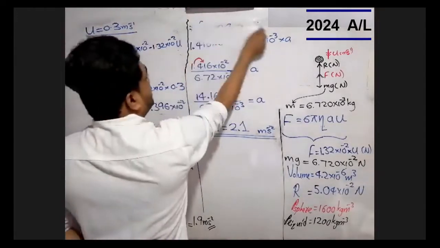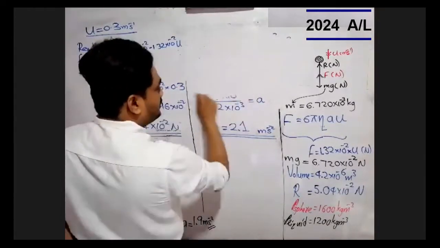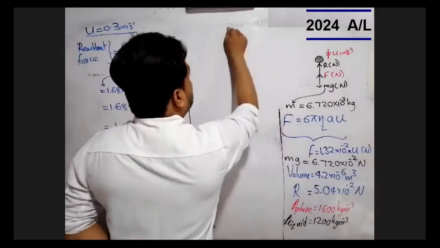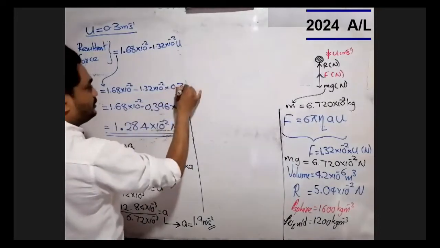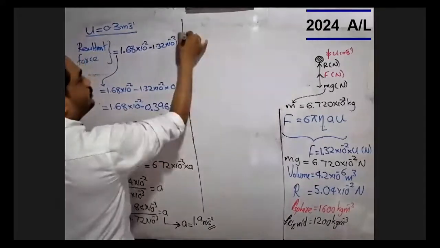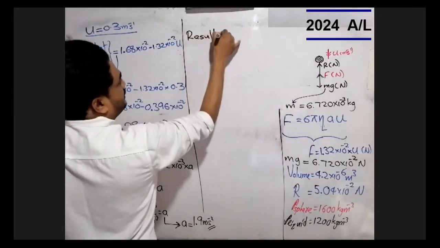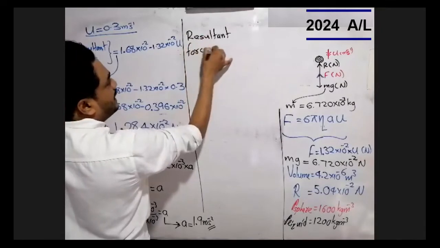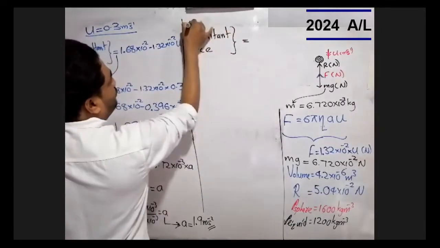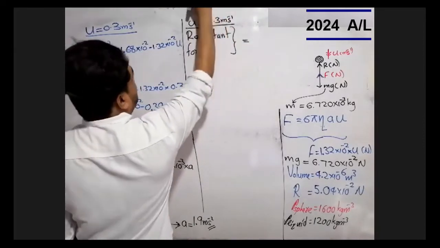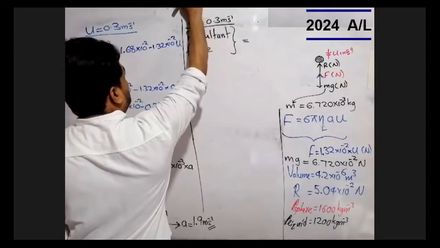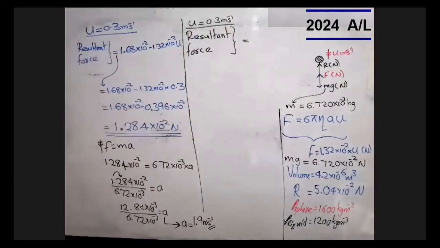Now let's try to do the same thing when the velocity of the sphere is 0.4. I think that's the final thing asked in the question, right? Let's find the resultant downward force acting on the sphere when the velocity is 0.3 meter per second.